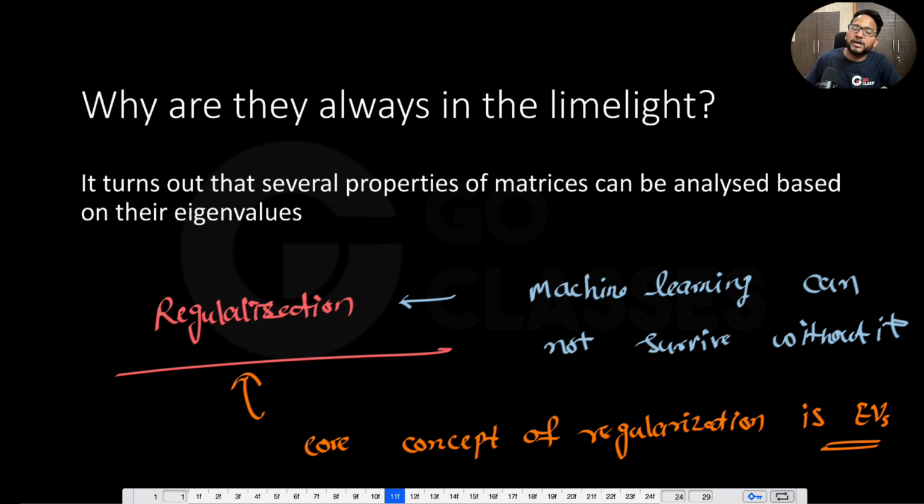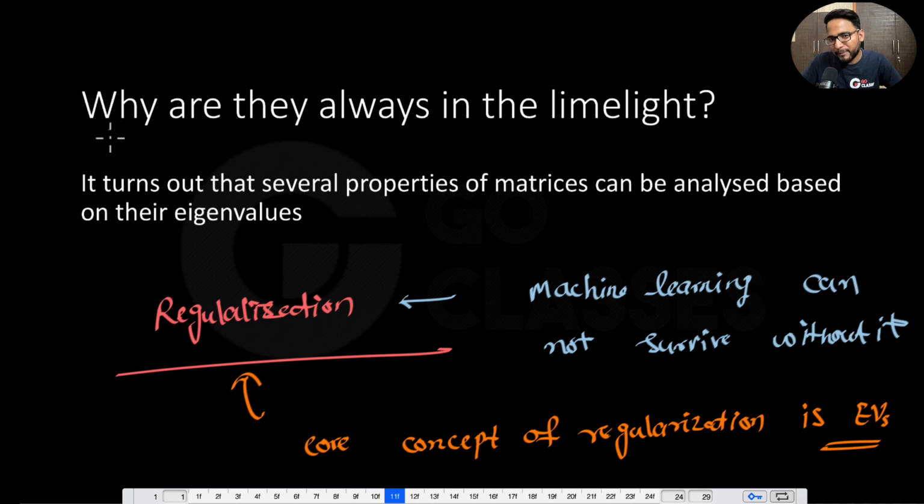If you go to the mathematical concept of regularization, then its core is eigenvalues and eigenvectors. So that much important these are. You can see the transitivity, right? Machine learning depends on regularization, and regularization depends on eigenvectors and eigenvalues.